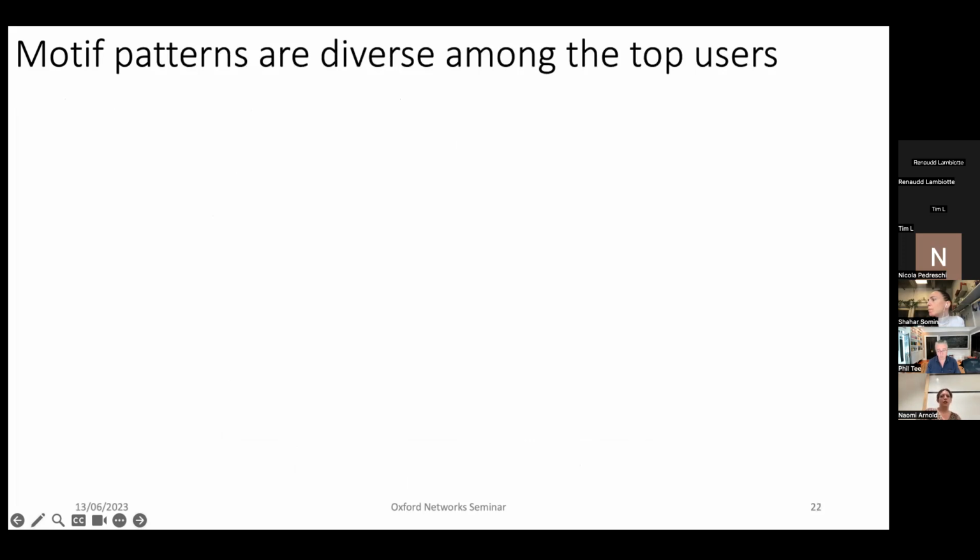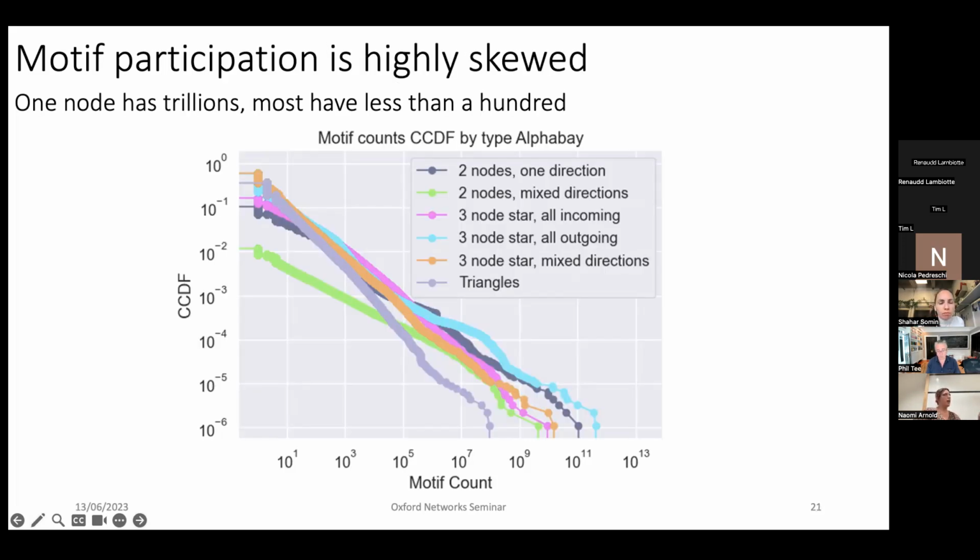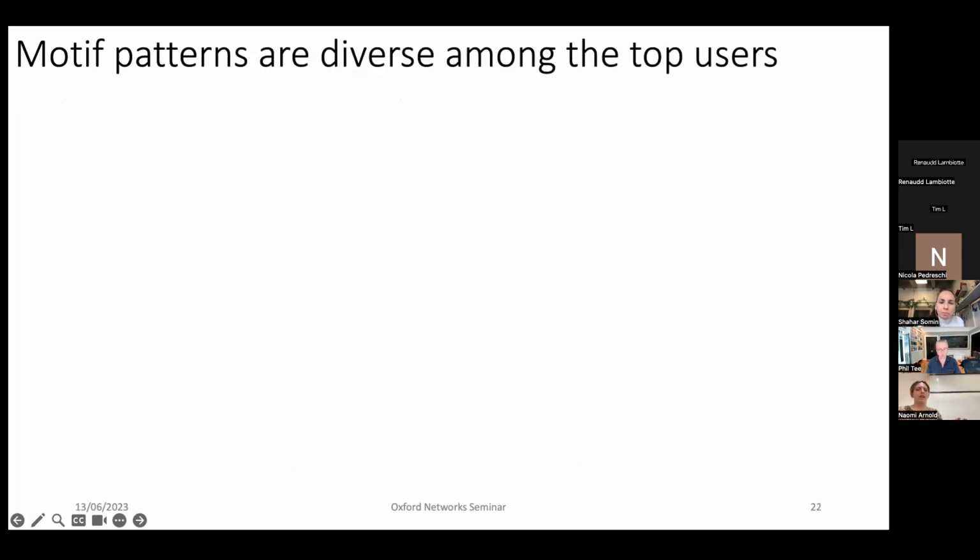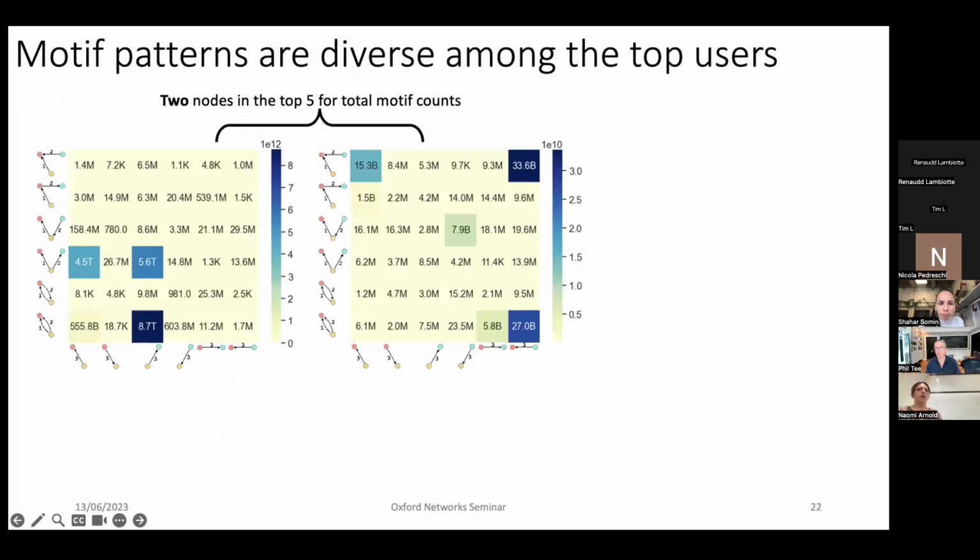Yeah. So if we take a look at this, what's going on in this heavy tail, like who are some of the big important nodes in motifs? We had a look at just two of the nodes. I think the left one is the top node in number of motifs, and the second is somewhere in the top 5.